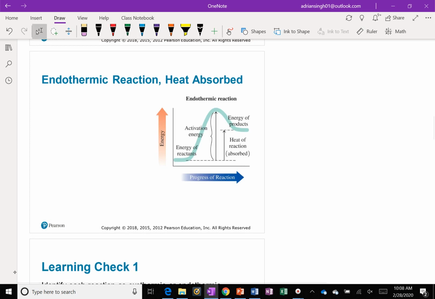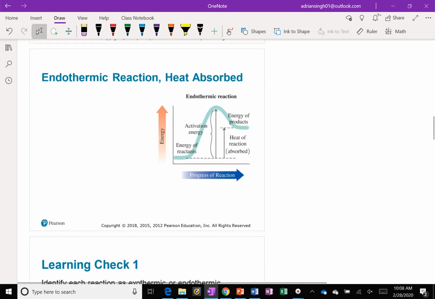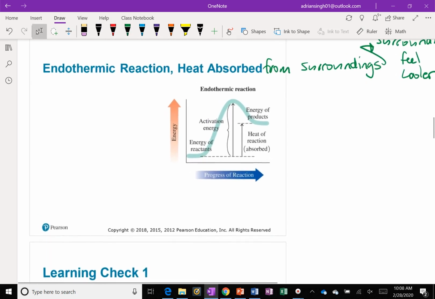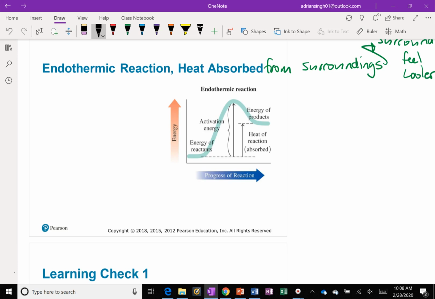The opposite of that is an endothermic reaction. And in an endothermic reaction, heat energy is absorbed from the surroundings. And as a result of that, the surroundings would actually feel cooler as you take heat energy away. So in an endothermic reaction, essentially what's happening here is opposite to an exothermic reaction.